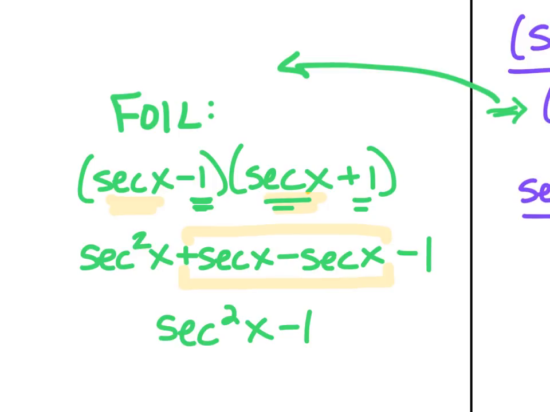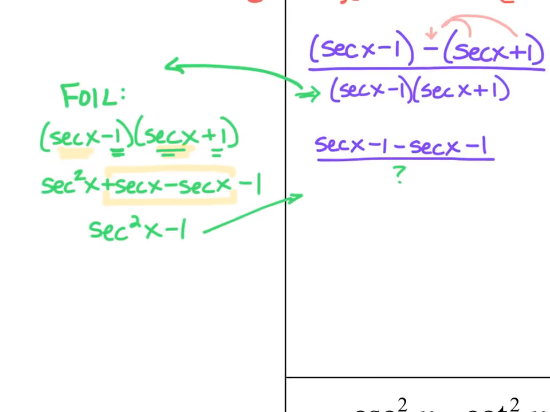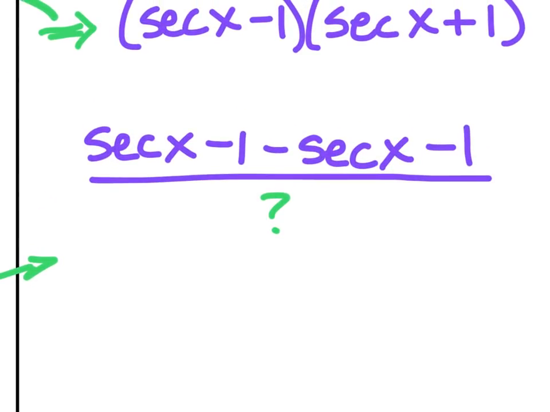And so I'm going to put that where that question mark is in the denominator over here. And so that's going to be secant squared of x minus 1.